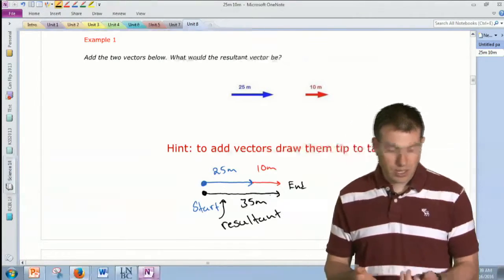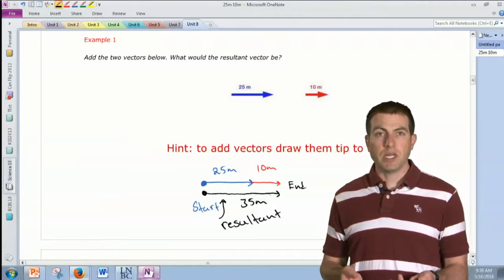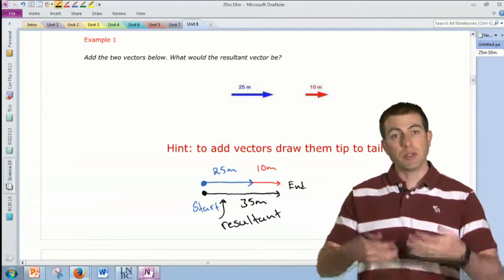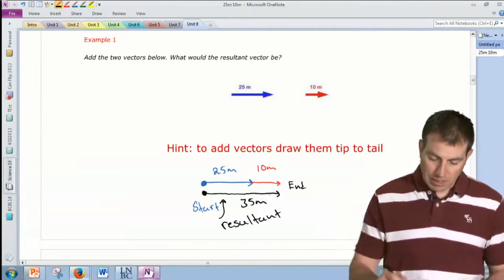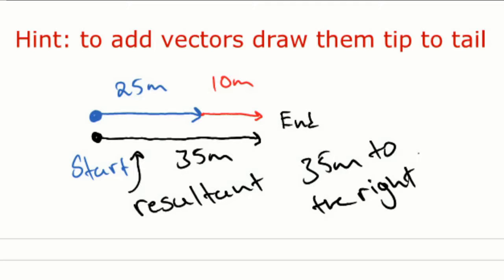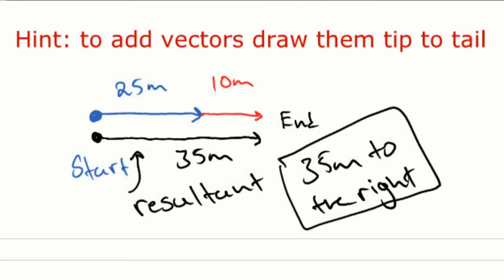So instead of saying the resultant is 35 meters, if I've drawn a picture, it's obvious, but if I'm trying to explain it to somebody, I might want to tell them it's 35 meters to the right. Now, there's going to be no confusion here.